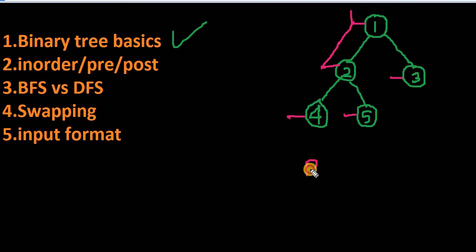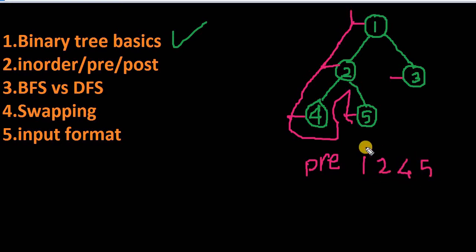So this is for pre. The pre-order for this tree will be 1, 2, then it will hit 4, then go inside, then 5. So 1, 2, 4, 5. After 5 it will go inside, then 3. Okay, so this was the path for pre-order.